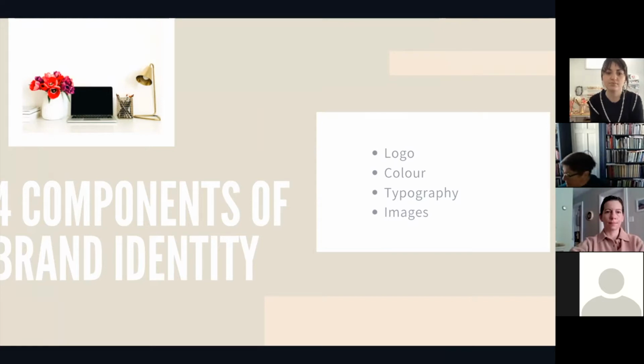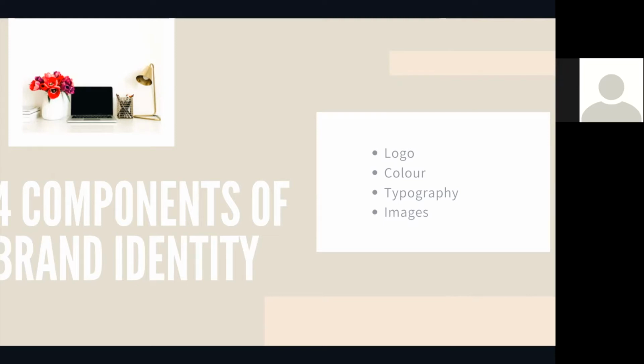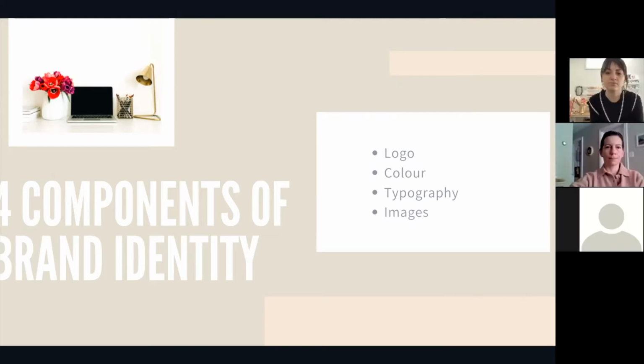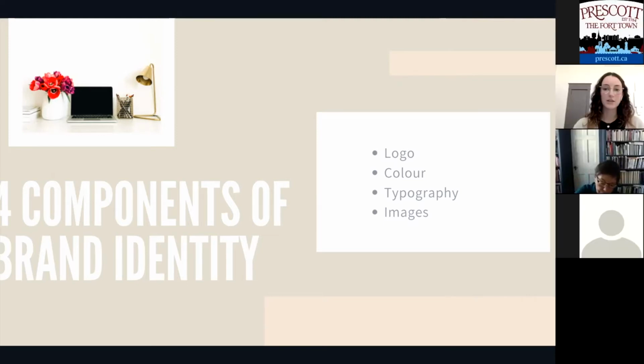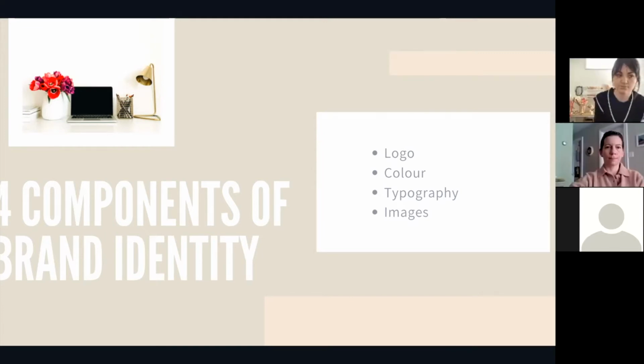You also have colors, like I mentioned before, the colors on your Instagram or Facebook feeds, your website, all of your marketing materials, your typography. So the fonts that you use, you want to be consistent with those, and the images you use as well. This could be the style of photos that you use or the style of graphics that you usually have, your product photos, all of those things should remain consistent.